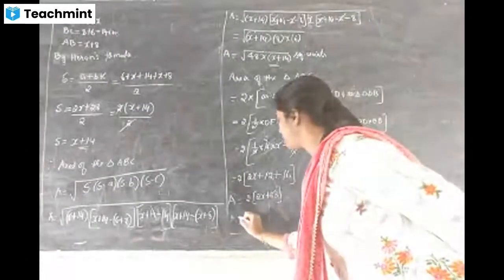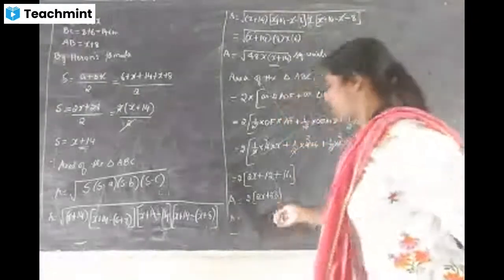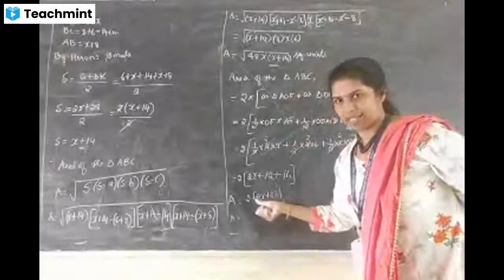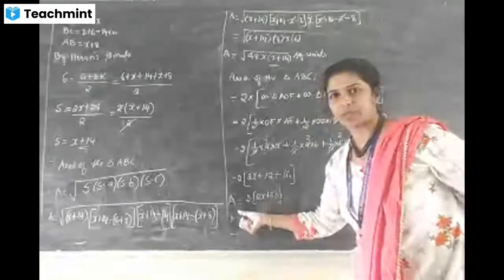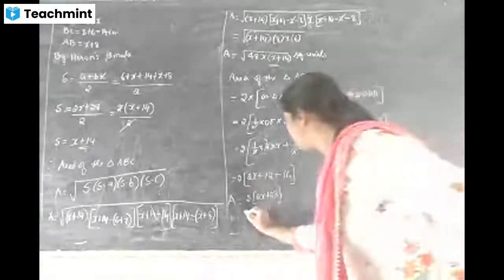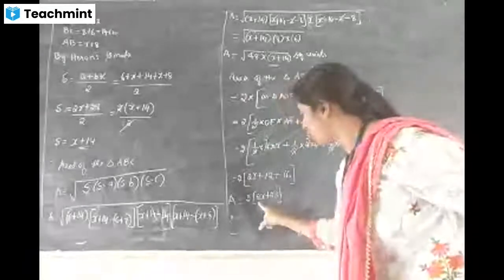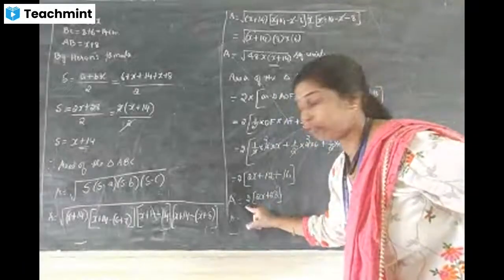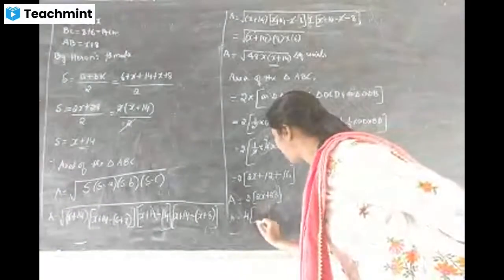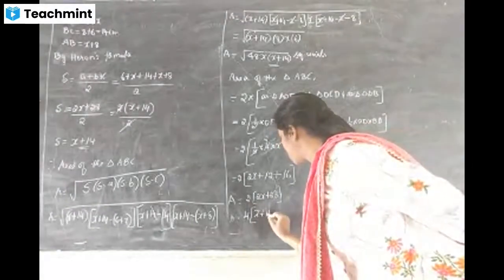So area is equal to, I'm not going to multiply inside. Instead, I will take the 2 common out. Why, you will come to know later. 2 into 2 becomes 4. Why, I will tell. x plus 14. Just observe.